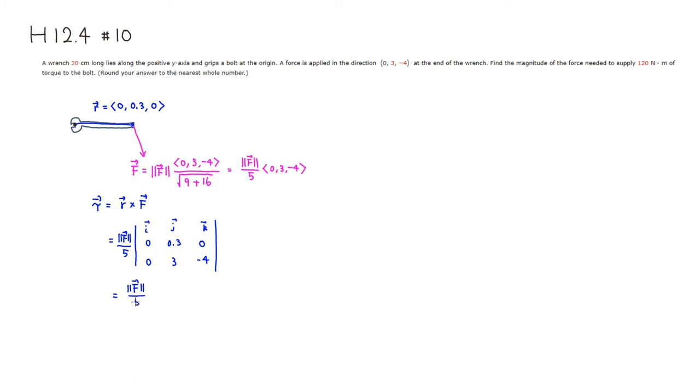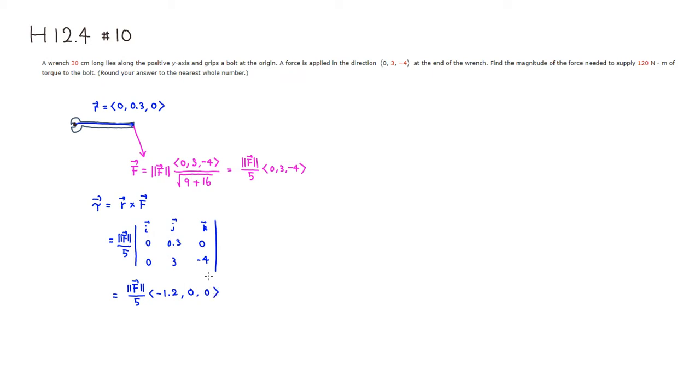So the first component would be 0.3 times -4 minus 0, so -1.2. The second component, this times that minus this times that, is actually 0. And the last component would be 0 times 3 minus 0, so that's also 0.